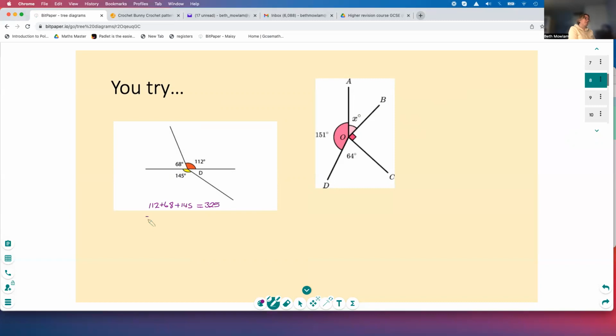We want what's left to get to 360, so we're going to do 360 minus 325, which is 35 degrees.